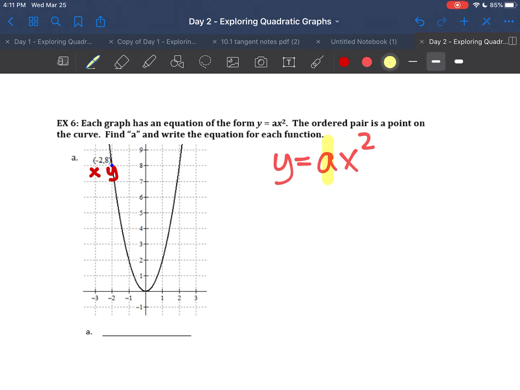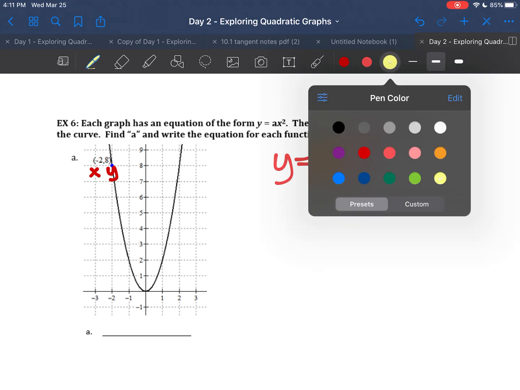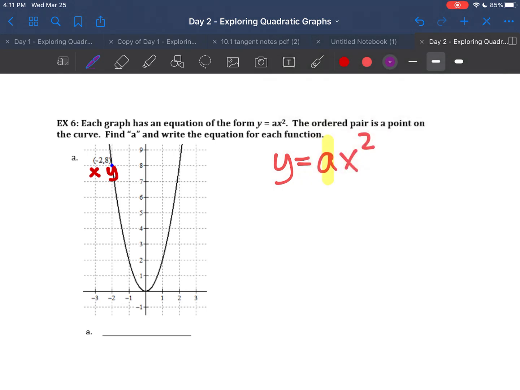If 8 is y, I'm going to plug 8 in right there. Okay, and so I'm going to be able to do 8 equals. So I don't know a. I'm going to figure that out, but I do know that -2 represents x. So let's plug that in, and then we can finish out that equation.